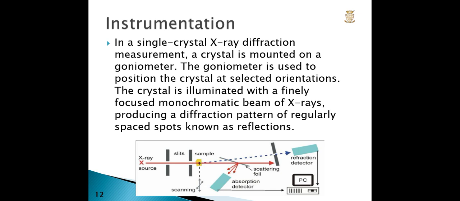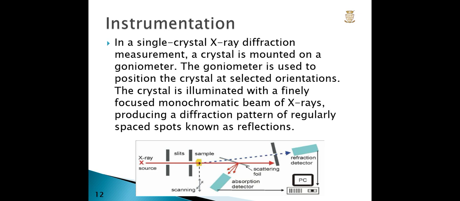Instrumentation. In a single crystal X-ray diffraction measurement, a crystal is mounted on a goniometer. The goniometer is used to position the crystal at a selected orientation. The crystal is illuminated with a finely focused monochromatic beam of X-rays, producing a diffraction pattern of regularly spaced spots known as reflections.